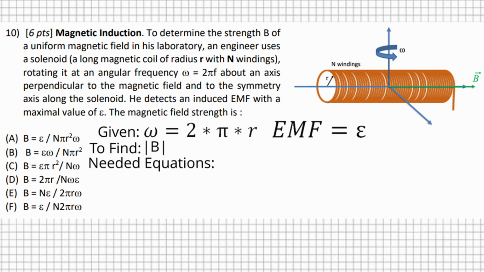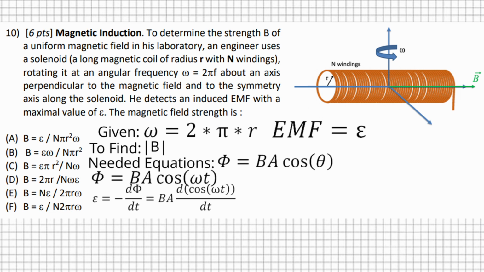The needed equations for this problem are magnetic flux equals BA cos theta, which we can convert into BA cos omega t, and EMF is the negative derivative of magnetic flux. Taking the derivative of cos omega t, we get BA omega sine omega t. The negative gets cancelled.